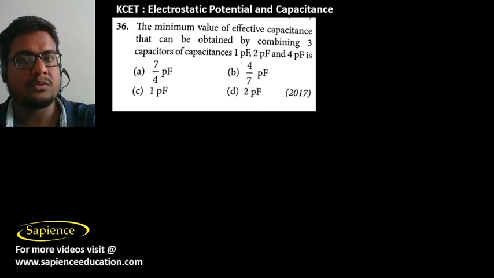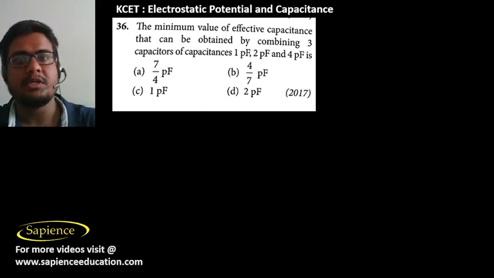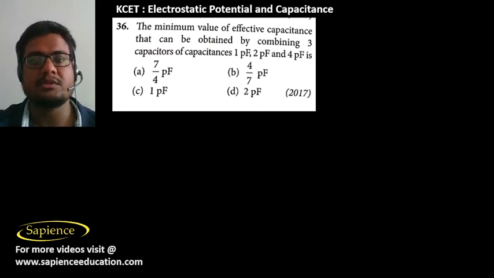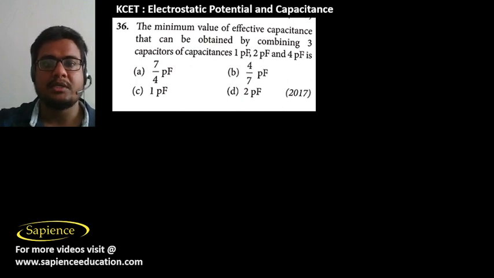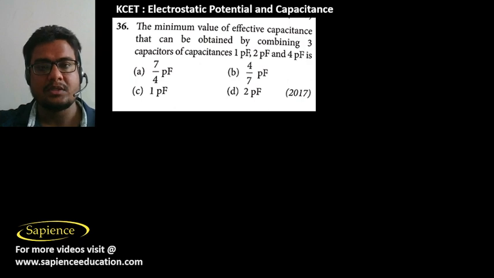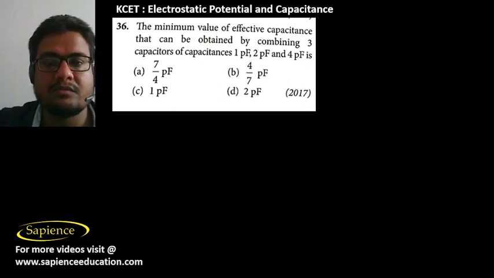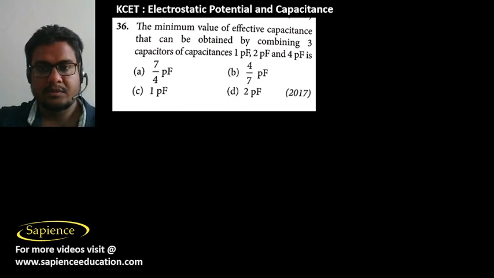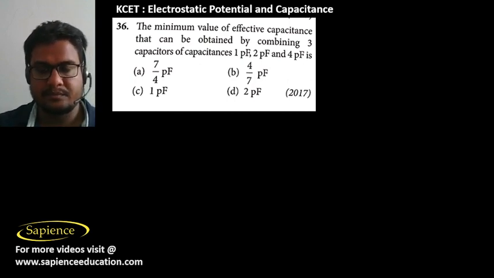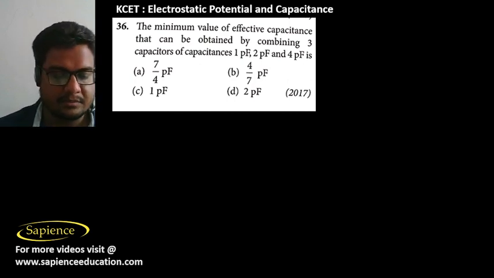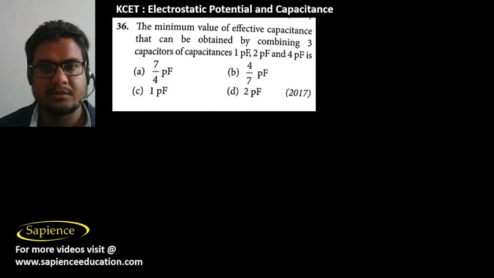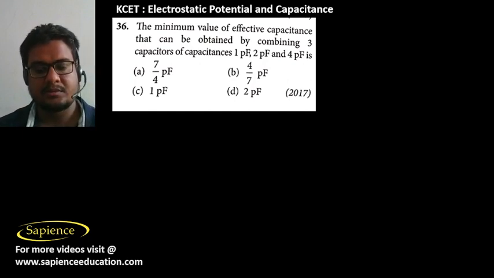Then here it is told the minimum value of the effective capacitance that can be obtained by combining three capacitances 1 picofarad, 2 picofarad and 4 picofarad is simply by connecting them in series.